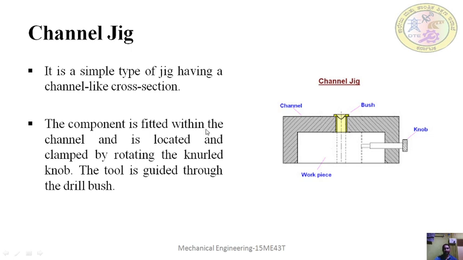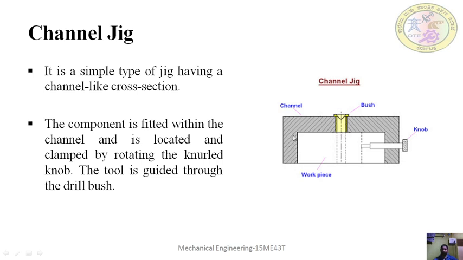The component is fitted within the channel, located and clamped by rotating the knurled knob. The tool is guided by the drill bush, you can see here. It will guide the drill bit to do the drilling operation.